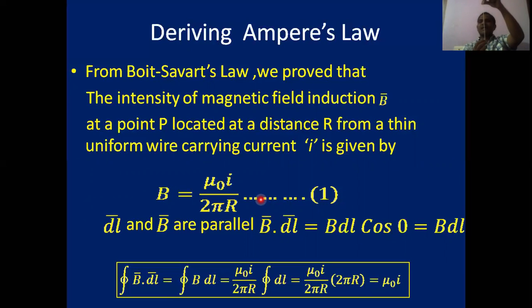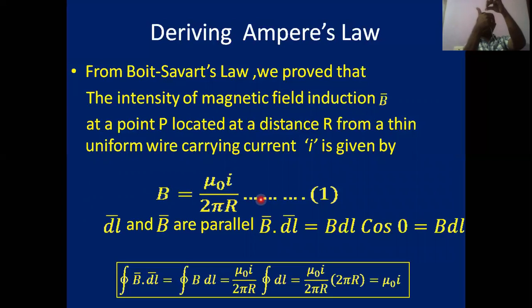By using the Biot-Savart's law, at the perpendicular distance capital R from this conductor, the magnetic field strength B equals mu naught I by 2 pi R. So when you consider the closed loop around this conductor at the distance R, that is at the point P, the magnetic induction field strength magnitude B equals mu naught I by 2 pi R.